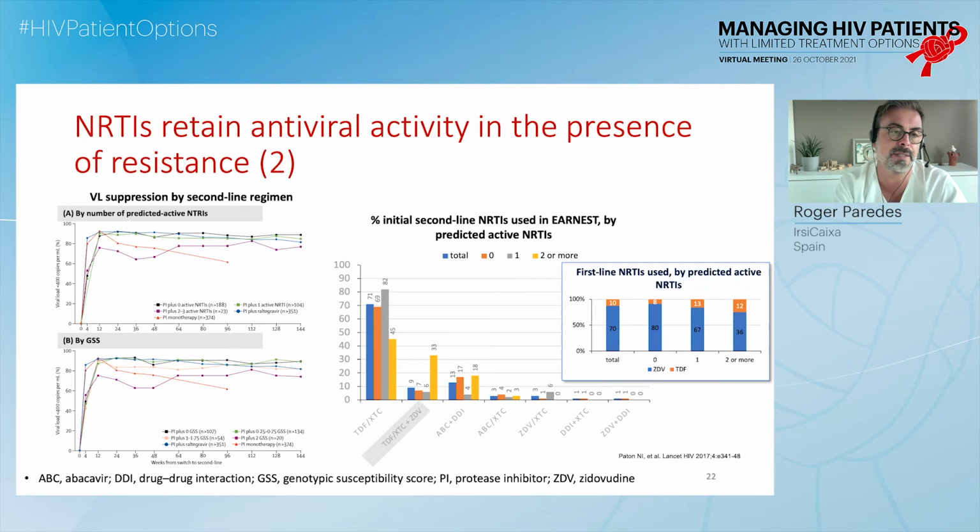So these data from the EARNEST trial show that viral suppression was always higher if patients were receiving an NRTI, even if the number of predicted active NRTIs was 0. And you can see here how tenofovir, XTC plus zidovudine, even when there were no nukes predicted to be active, it was better to give those nukes than not giving them.